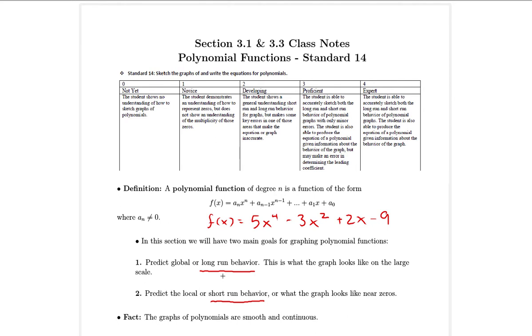If I was to zoom out, what is the graph basically doing when the x's get really negative or the x's get really big? Short run behavior is what is happening near zeros, okay? So we'll go through each of those, but we're going to start with long run behavior.